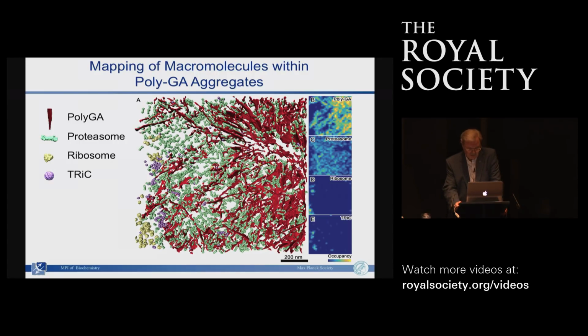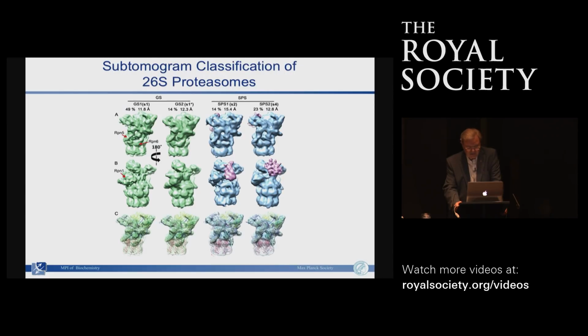Now, since we have so many particles here, we can push the classification and the averaging quite a bit further. This is an intermediate result, but you see in green are the proteasomes in the ground state, and here resolution is almost 10 angstroms.